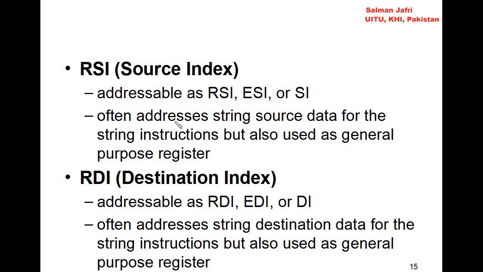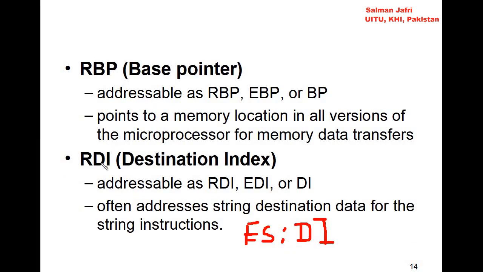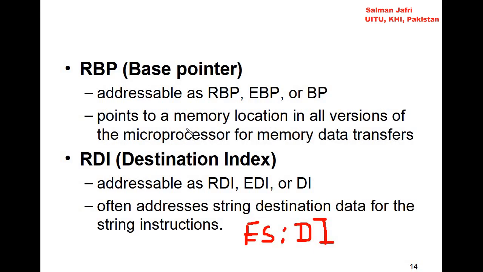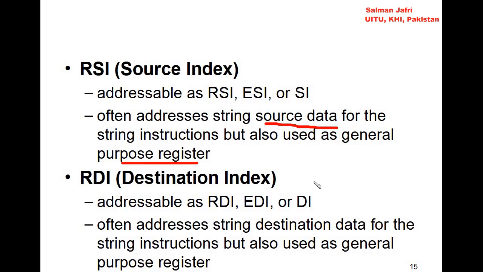Source index addresses string source data for the string instructions, but also uses a general purpose register. So like DI, SI are also general purpose registers, and they are also special registers for string instructions. So you can say that SI and DI are multi-purpose registers, general purpose registers as well as specific function registers.